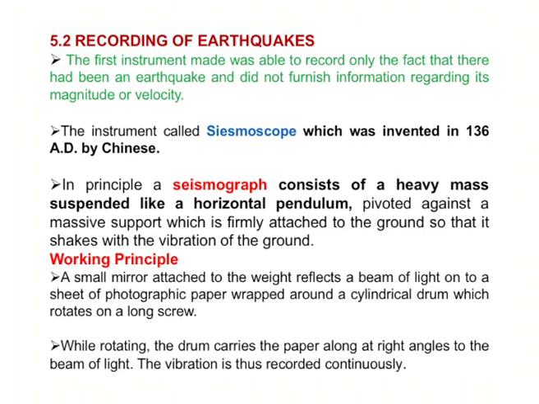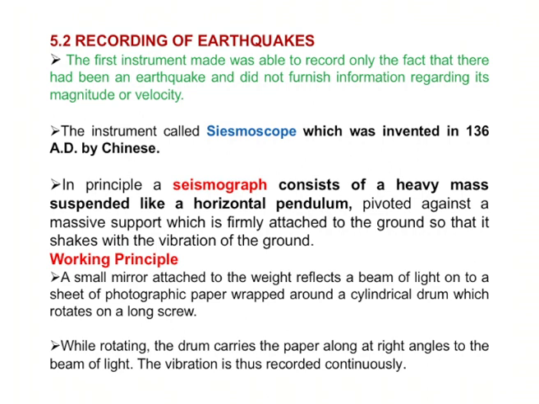Depending on the velocity and intensity level we will record, and then we use that instrument. The first time was around 136 AD, Anno Domini, by the Chinese. They made a seismoscope. With this seismoscope they recorded and measured the waves and the intensity of earthquakes.